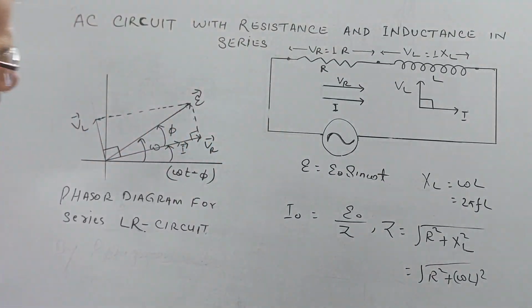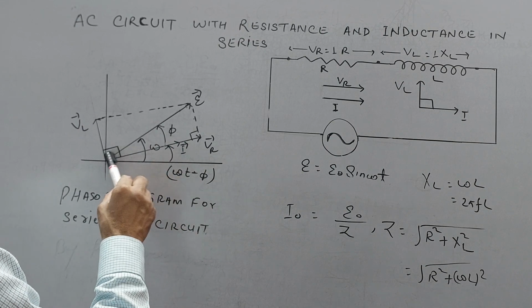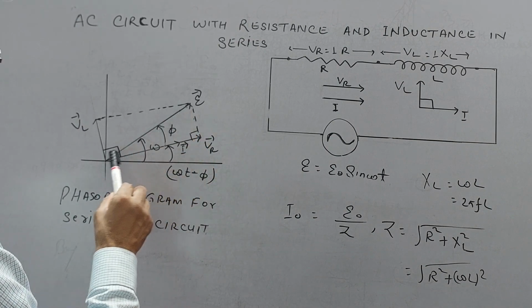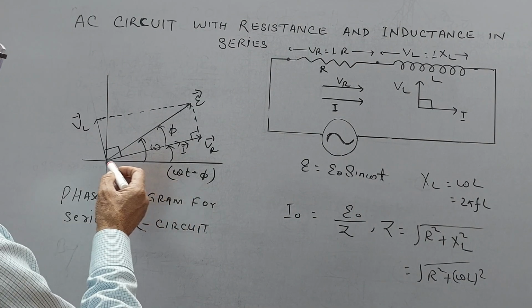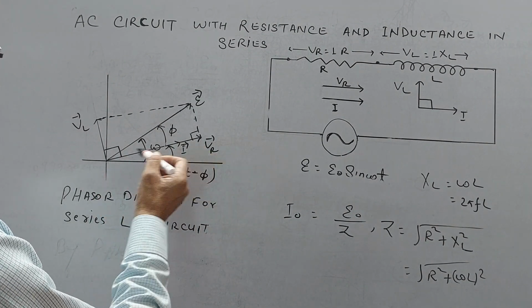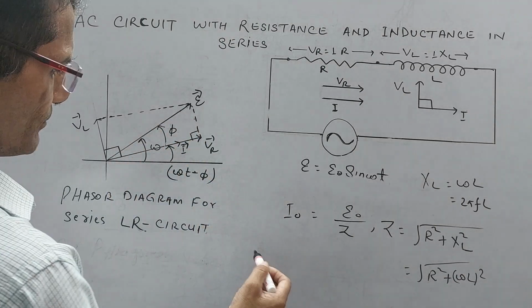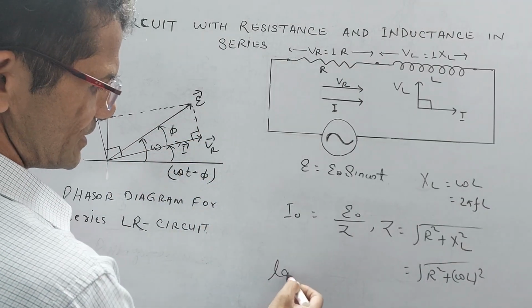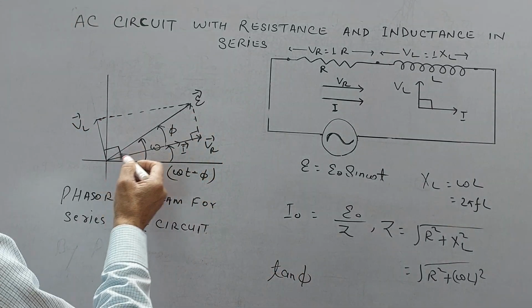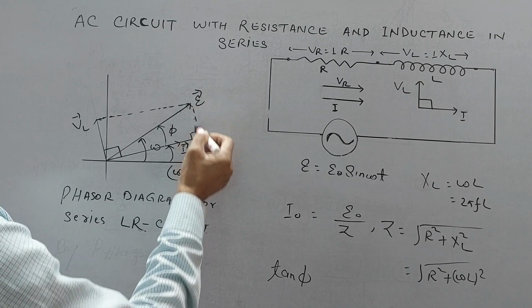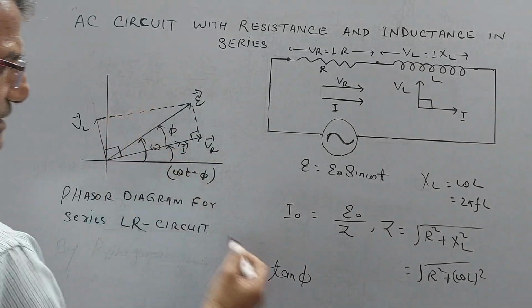Now let us find out the phase angle phi between the voltage amplitude and the current amplitude. Now our current amplitude is I naught, it's a length, and the voltage amplitude is E naught, the length of these diagonals. We know from trigonometry, tan phi, if I use the trigonometry in this triangle, is equal to perpendicular divided by base, where the perpendicular will be parallel to VL.